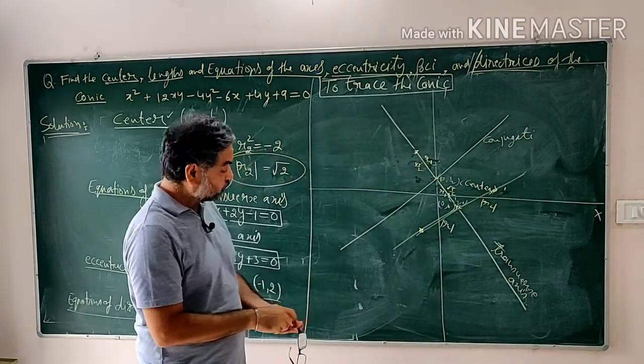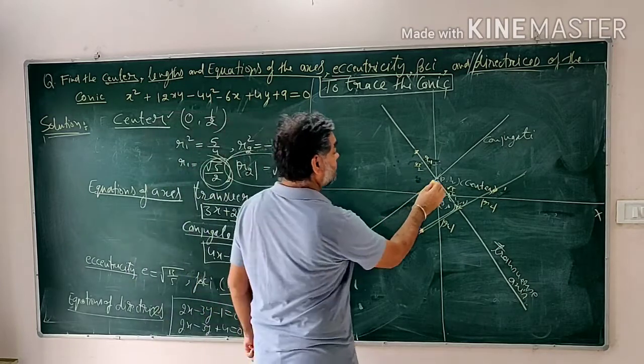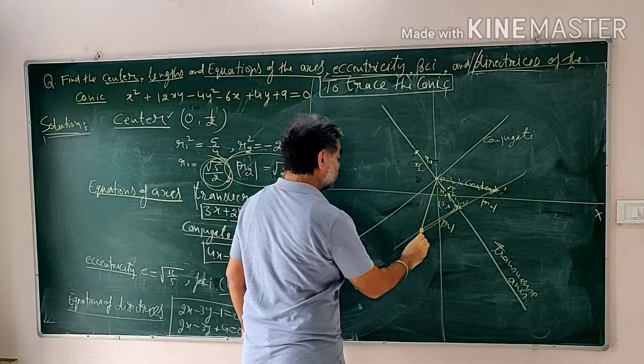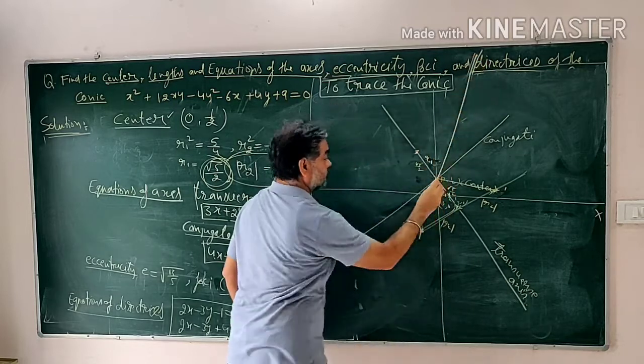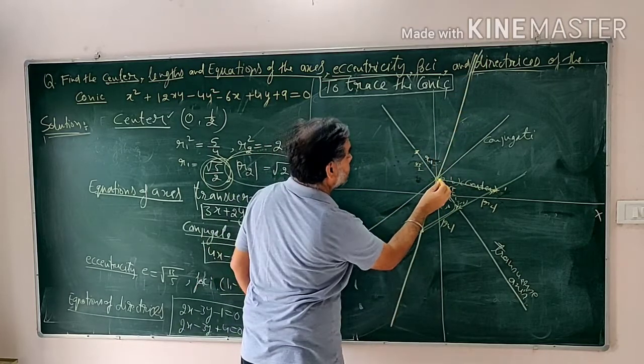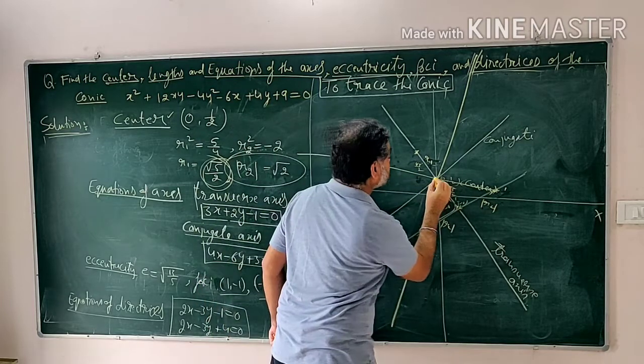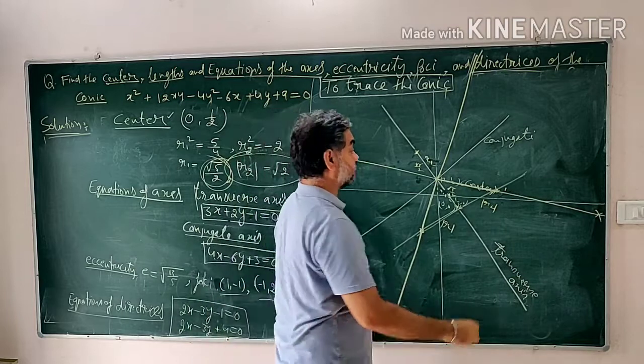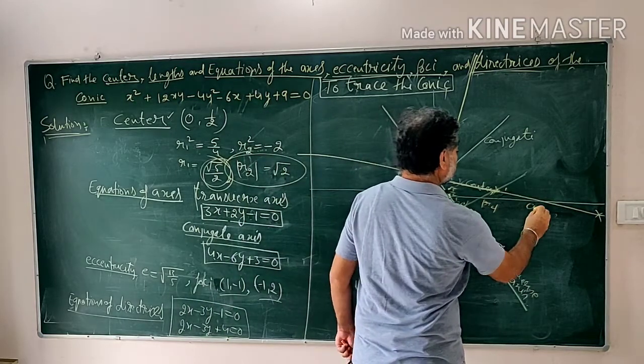Now we join the center with these 2 points and extend these lines. This line and this line would be the asymptotes of the hyperbola.